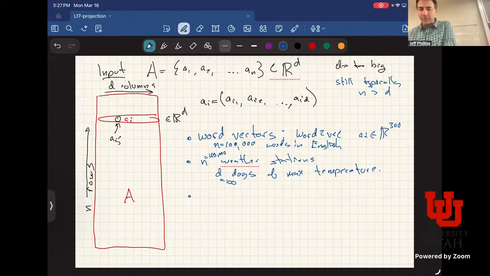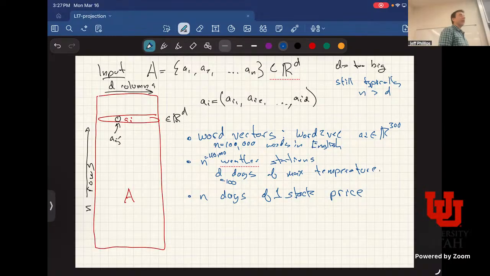Another example of this that's so common. Let's say I have N days of a stock price. Okay, and this would just be one stock. So I'm going to look at the stock of like Amazon. So I'm looking at the price of Amazon.